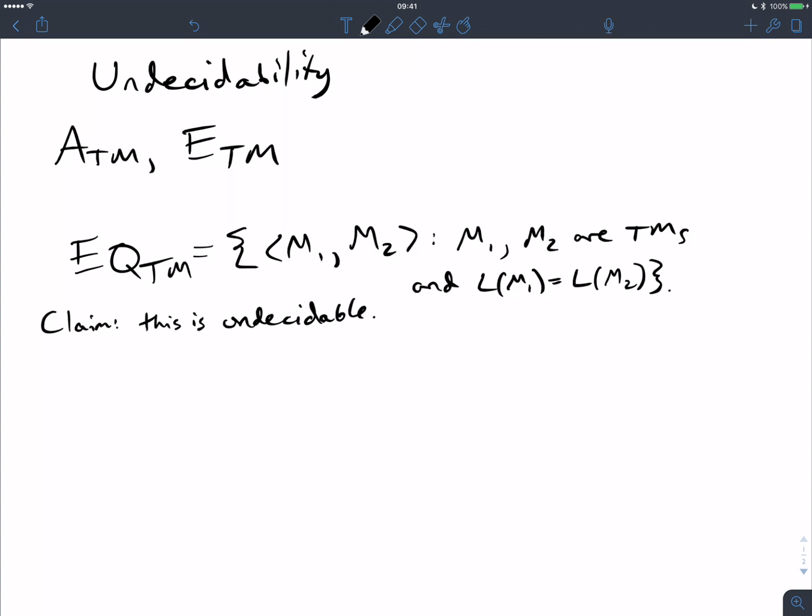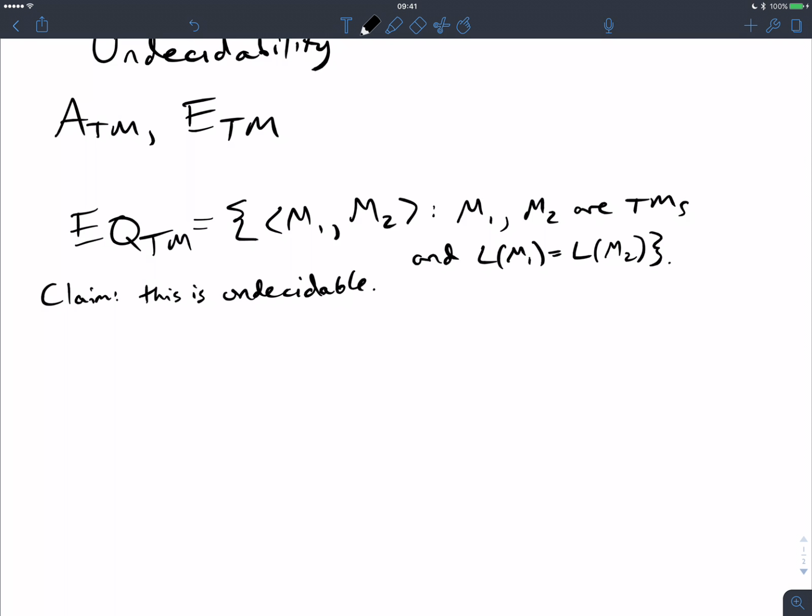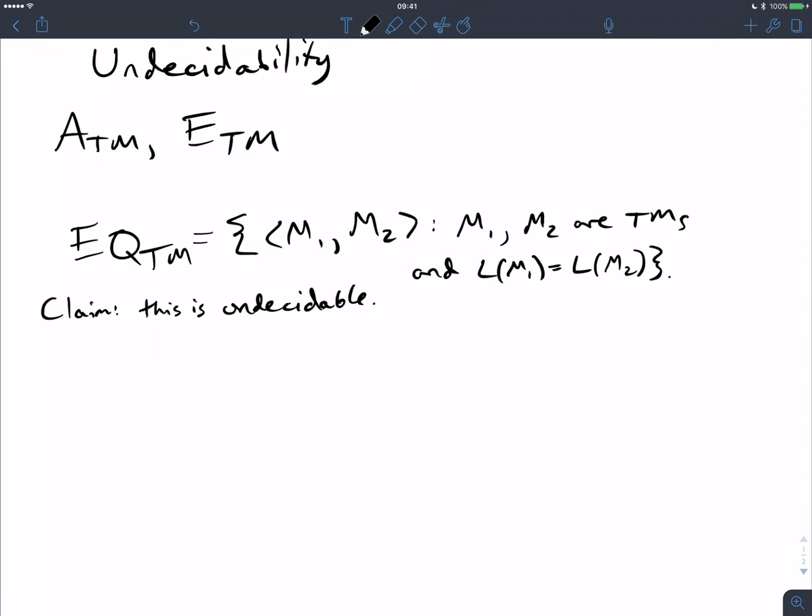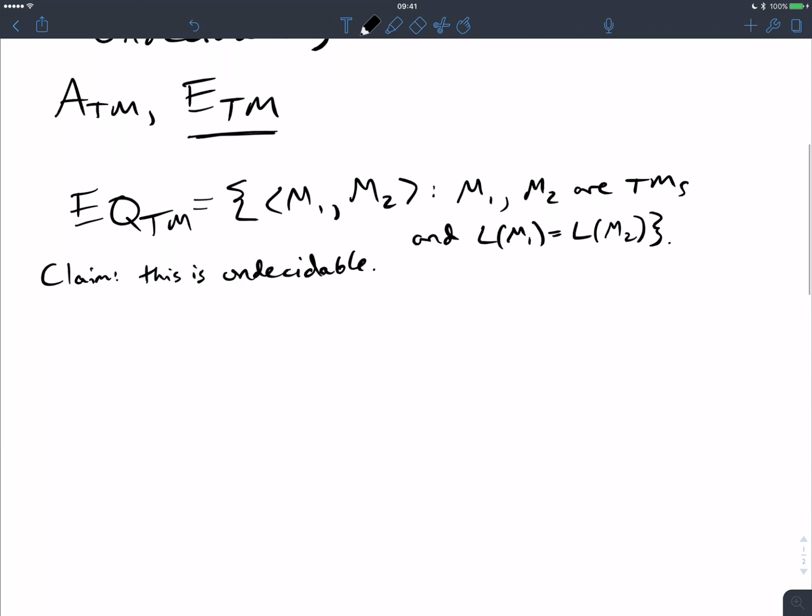Well, this is going to start becoming more of a problem as we go along because now we got to figure out which one of these is the easiest to reduce from, right? And we actually could use both. Well, we could use any one in general, but it's just figuring out which one is the easiest here. So we could do ATM, but we're going to stick with ETM right here.